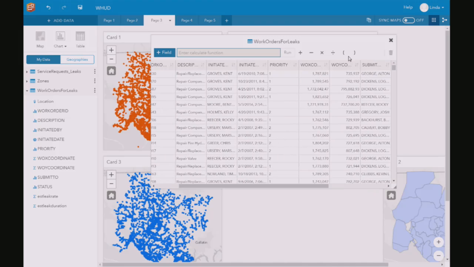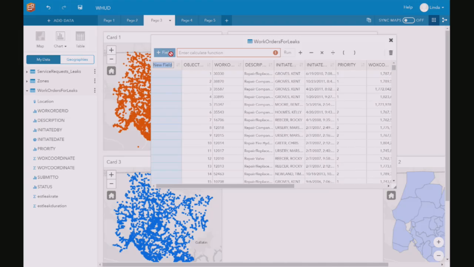So by using that piece of information, we can now calculate, and this is going to be an estimate because the engineers are estimating it, the amount of water loss that they think they're losing for each one of these calls that they've responded to.